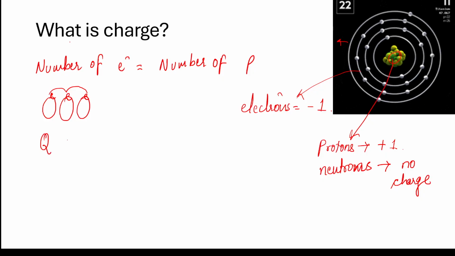The symbol of charge is Q, and for everything in physics, when you define it, you need to tell what it is measured in, what its unit is. So charge is measured in coulombs. Sometimes in your exams you will see millicoulombs instead of coulombs.